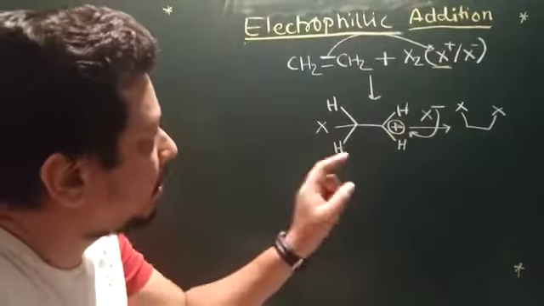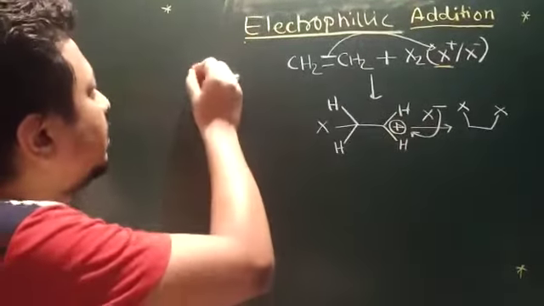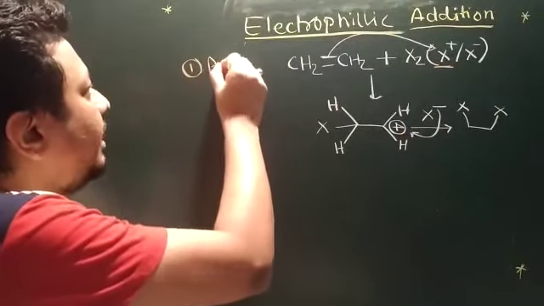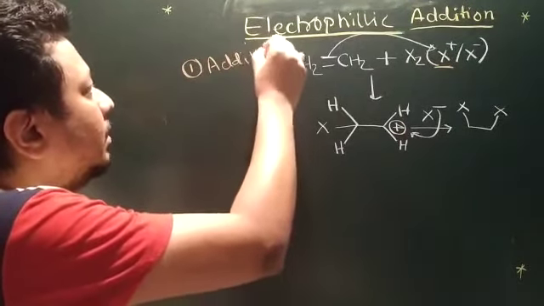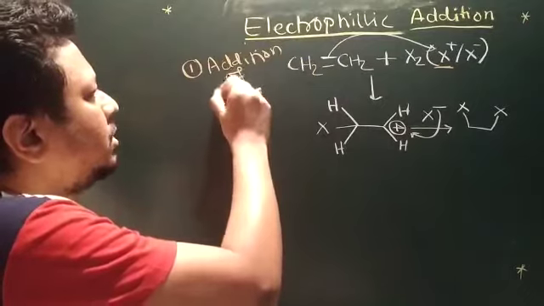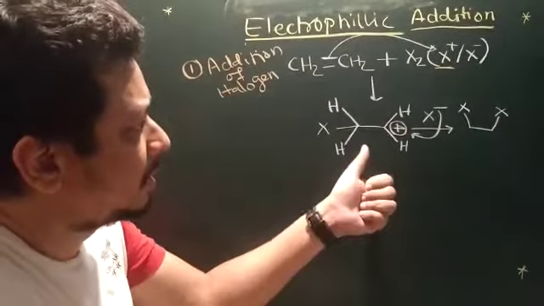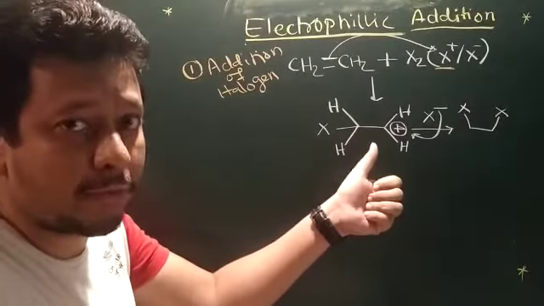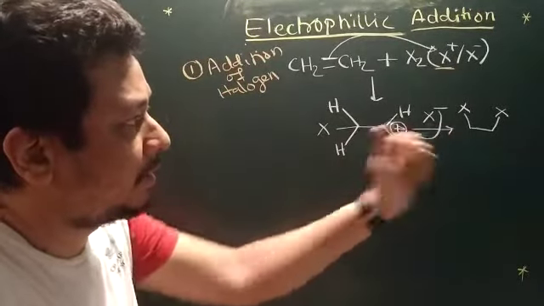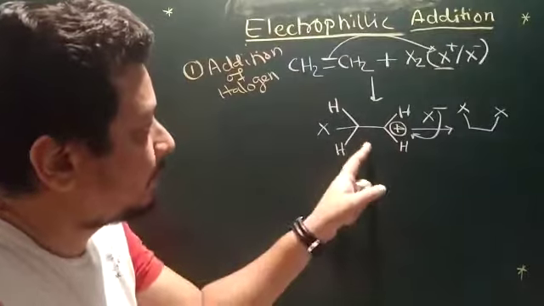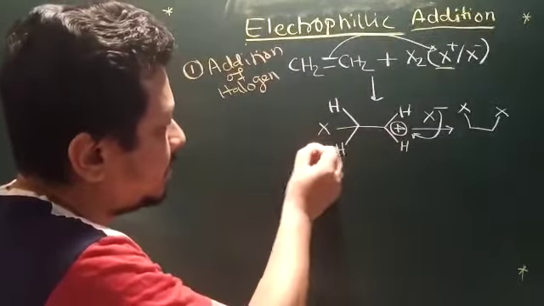Now normally, the addition of halogen is not only the formation of a carbocation and then the formation of products. After this there is a twist.